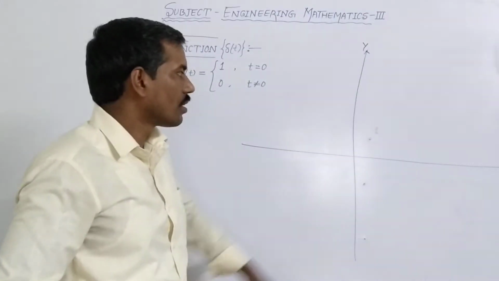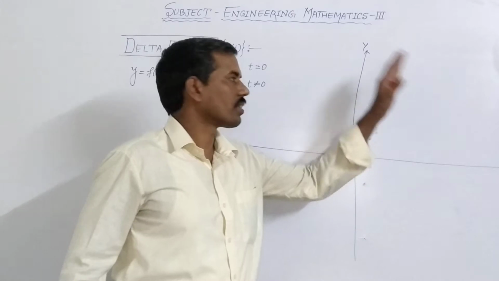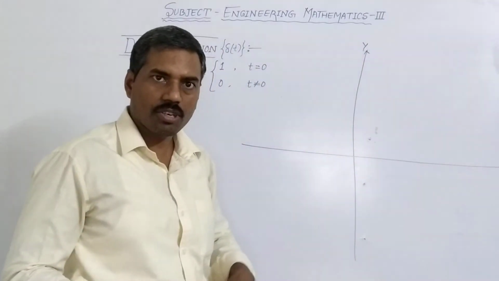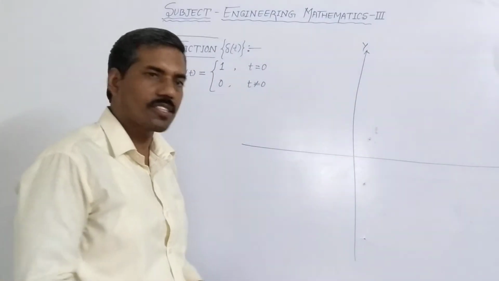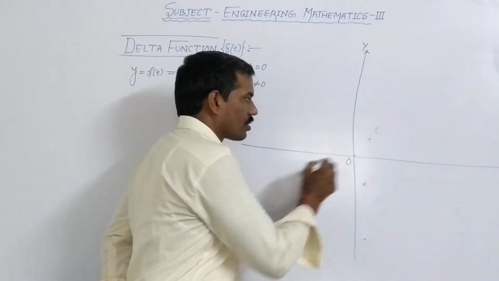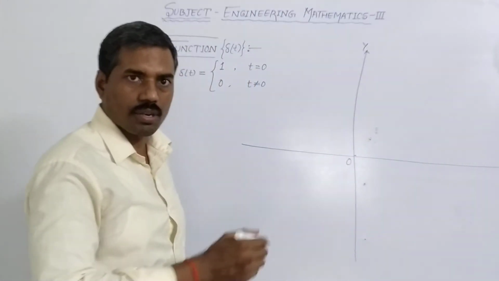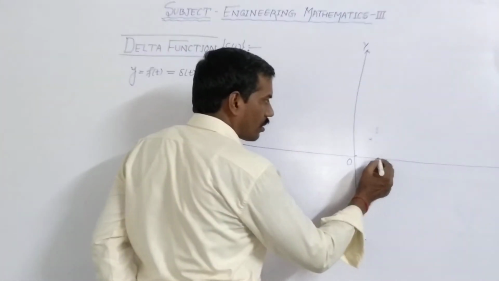Students, we know that this is the x-axis, this is the y-axis, and the point of intersection of these axes is known as the origin. Let us fit the points.